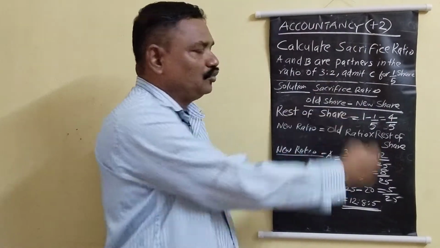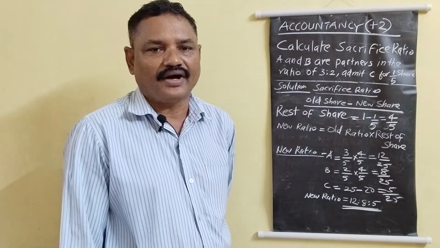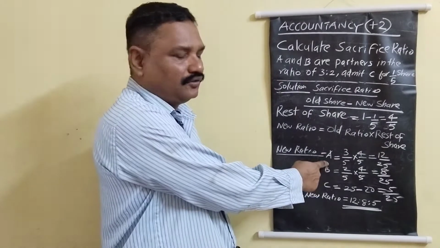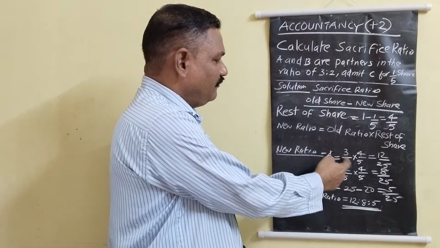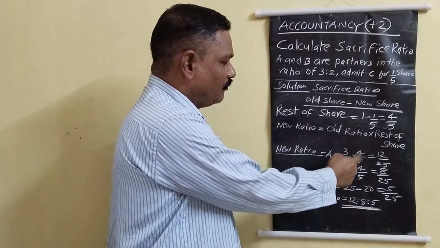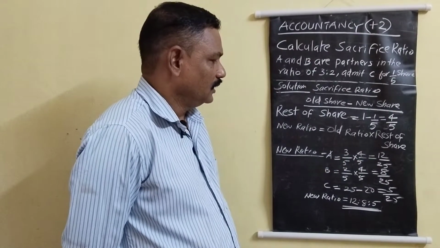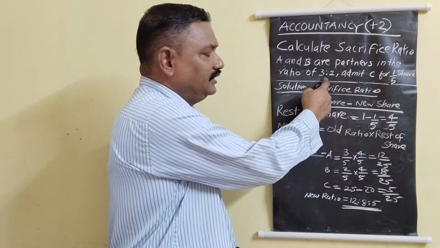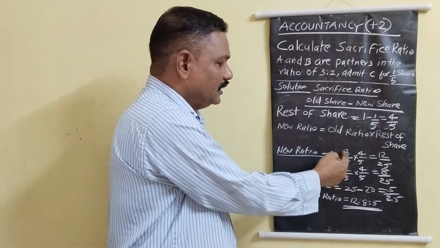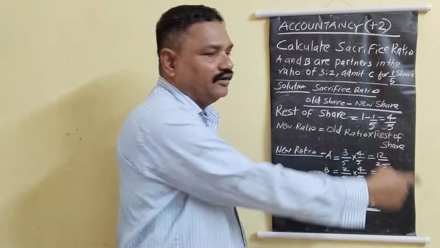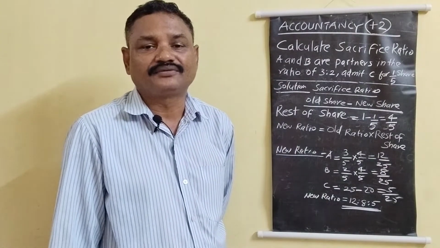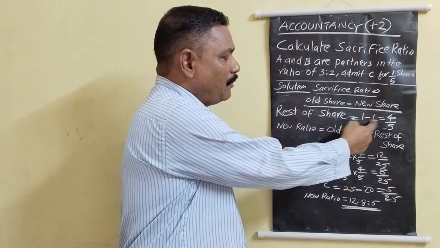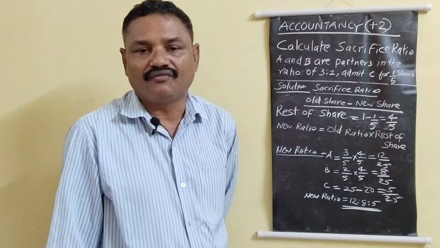So 3:2 means 3 plus 2 is equal to 5, so 3/5 and 2/5. How to find the new ratio? 3/5 into 4/5. 3/5 is already given in the question. Then 4/5 we have taken as rest of share, which we already explained: 1 minus 1/5 is equal to 4/5.